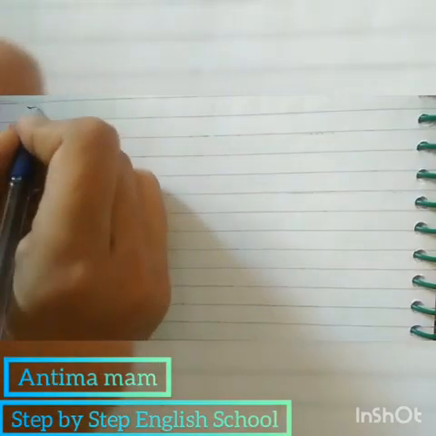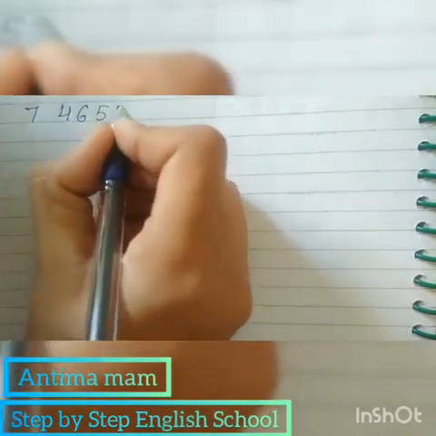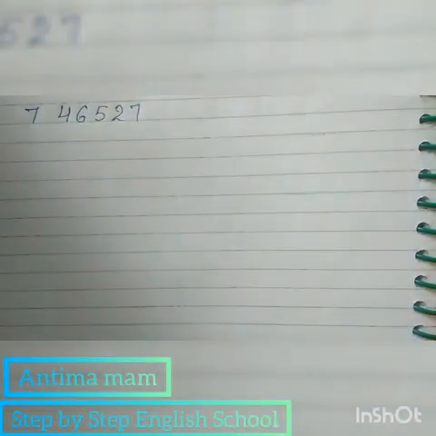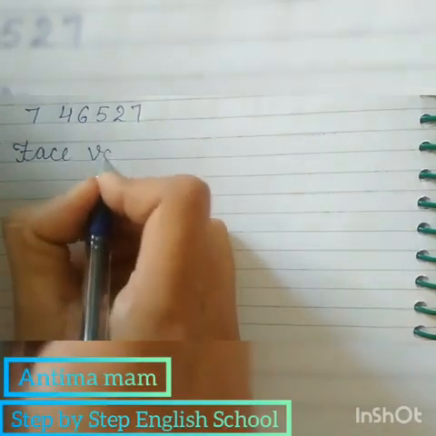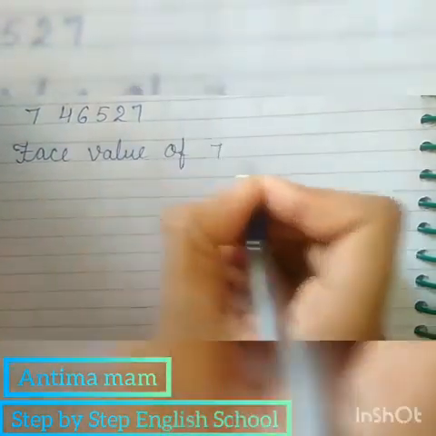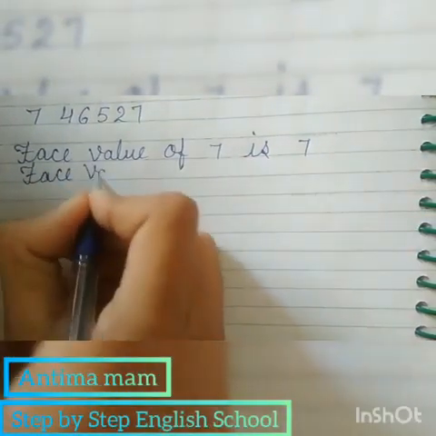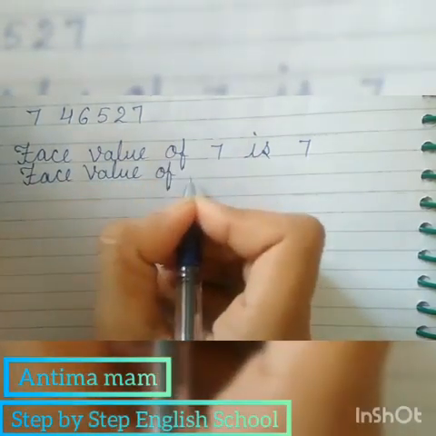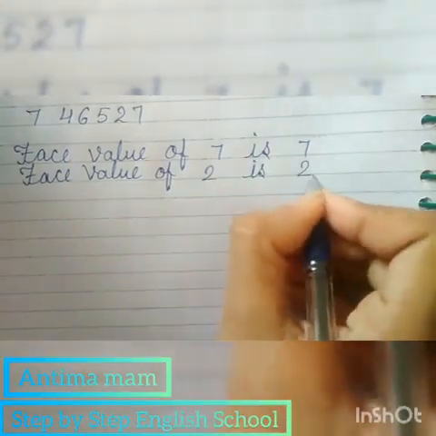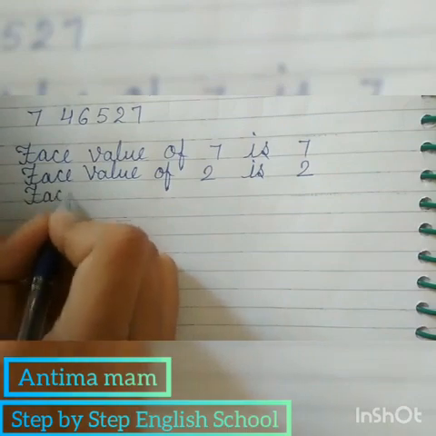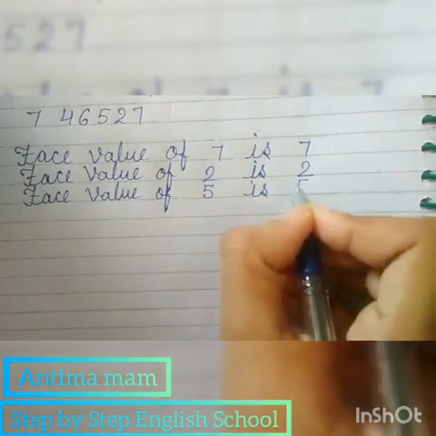Our digit is 7,46,527. Face value of 7 is 7. Face value of 2 is 2. Face value of 5 is 5.